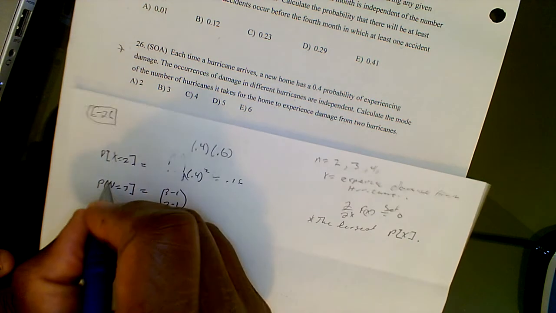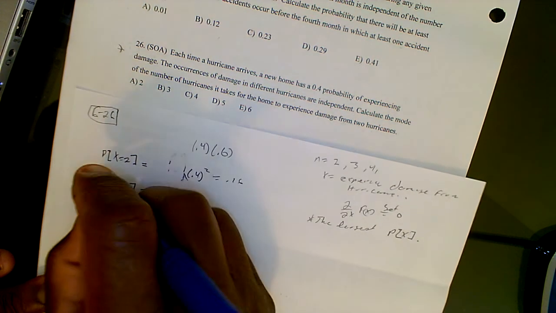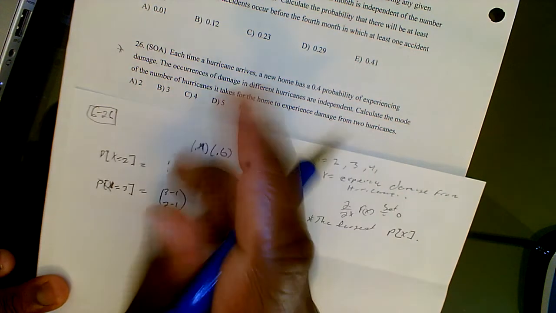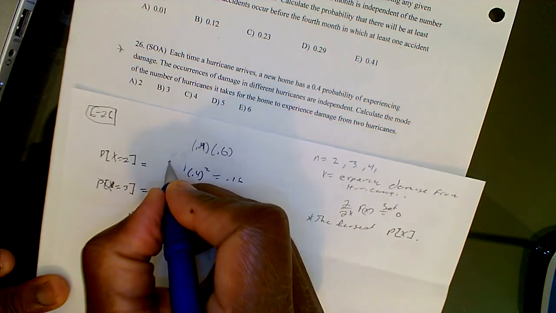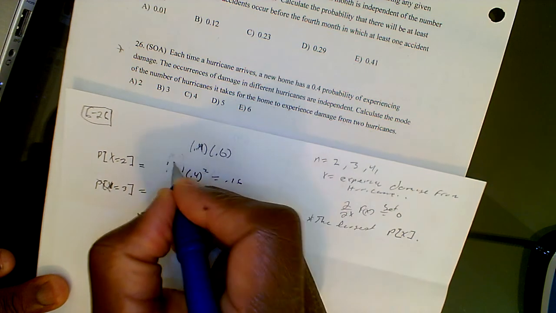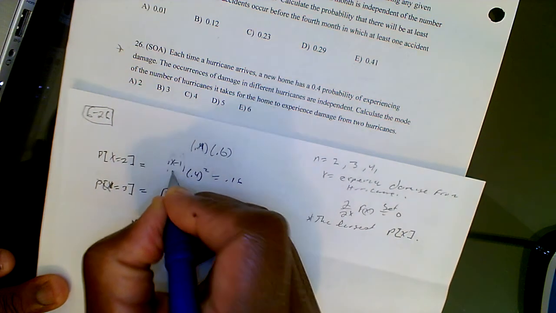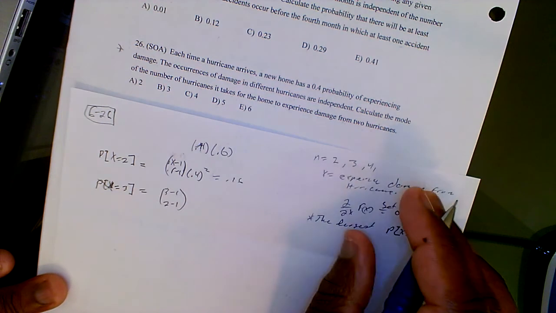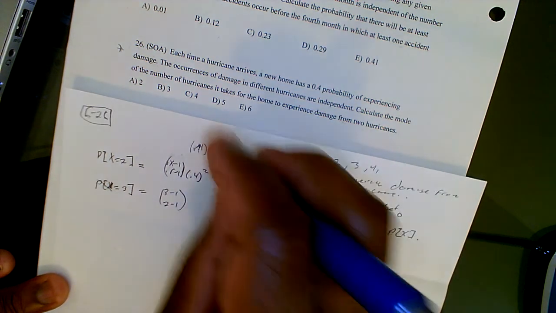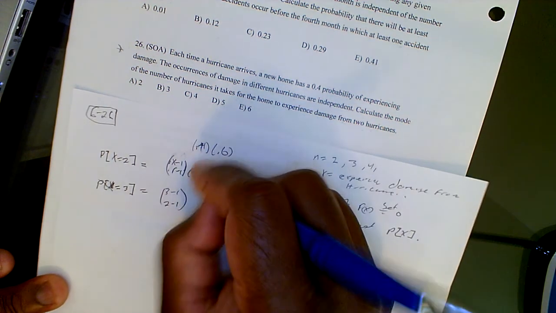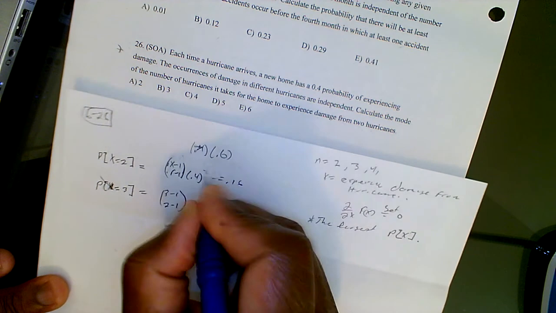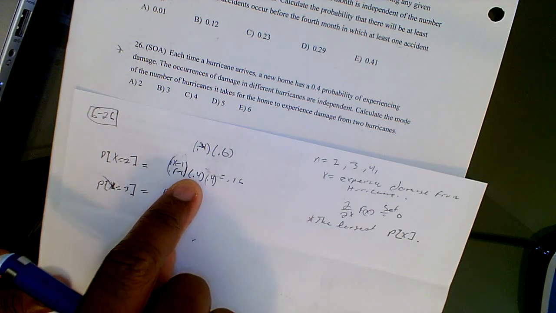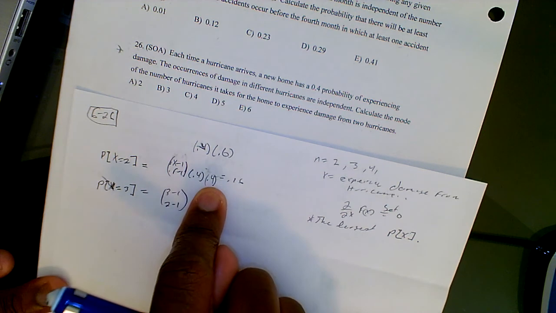I keep saying n is x. I'm looking at my notes at the same time I'm trying to write this out, and I shouldn't have done it that way. So, explaining the negative binomial: I at least have to experience one of them before I experience the last one.